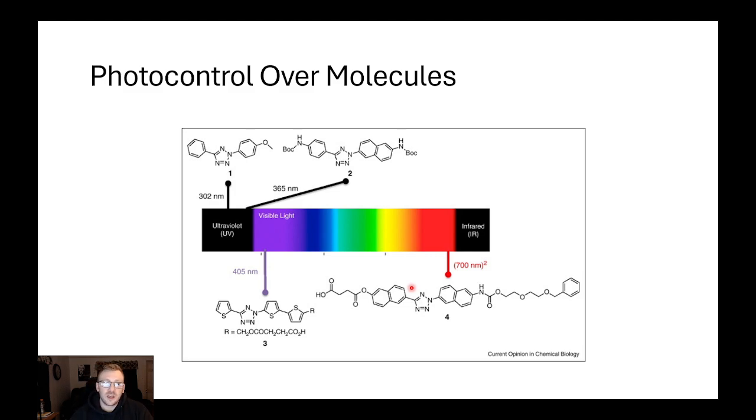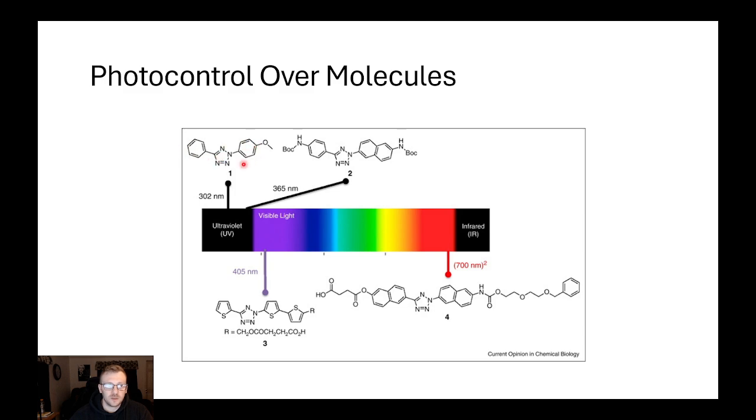So I mentioned that not all fluorophores are built the same and that we have different wavelengths of light that can be absorbed by different molecules. So what this graph here is showing is that these different molecules, based on their structure, are going to absorb things at different wavelengths of light. So this small cyclized protein here is going to absorb the UV spectra, 320 nanometers.